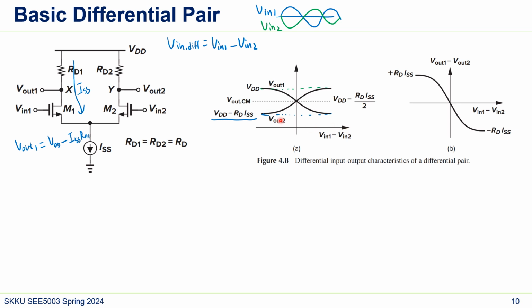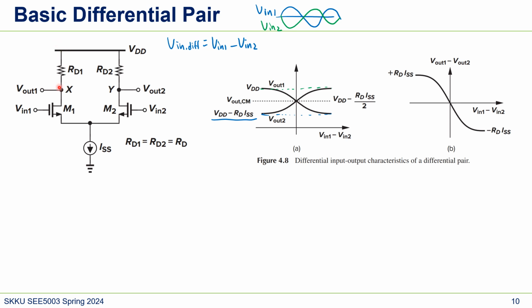The opposite case is the same. If V in 2 is larger than V in 1, then all the current flows to V in 2's side, and no current flows here. So V out 1 will be VDD, since there's no current.